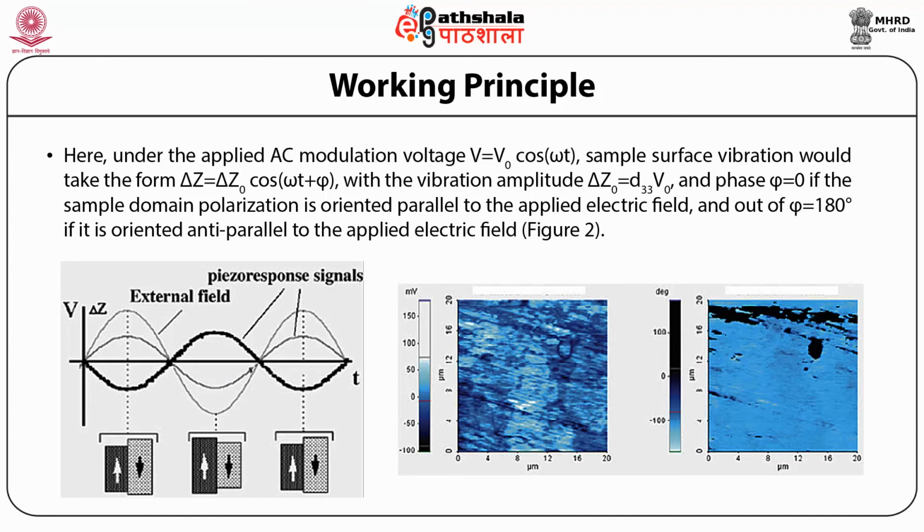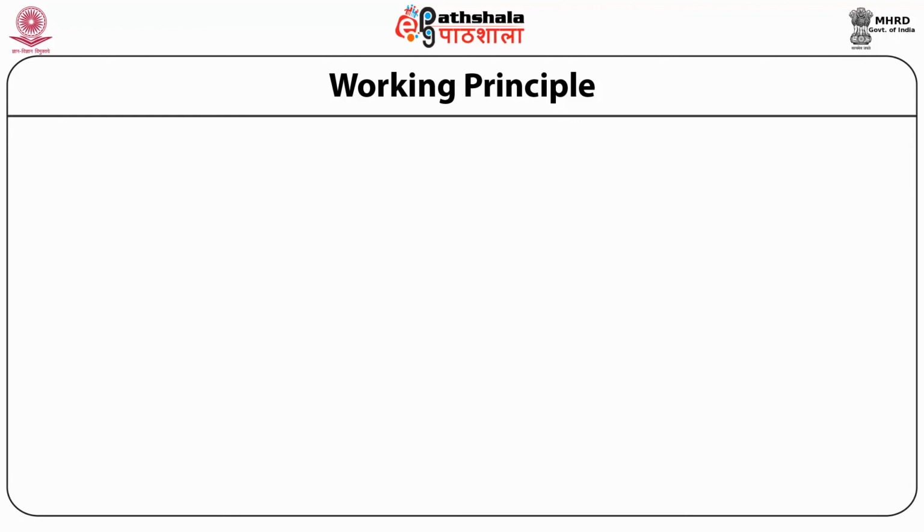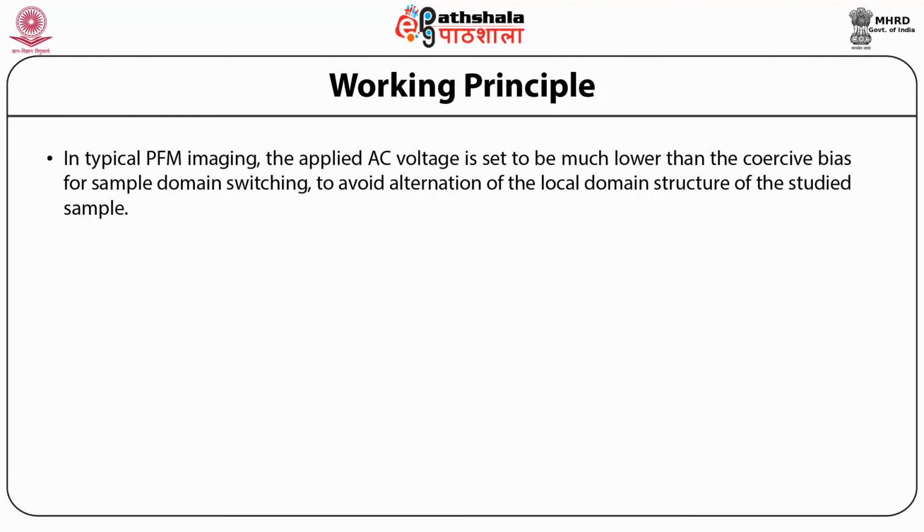Such oscillation would be directly reflected in the amplitude and the phase signal of the AFM probe contacting the surface and can be read using a lock-in amplifier. In a typical PFM imaging, the applied AC voltage is set much lower than the coercive bias for sample domain switching, to avoid alteration of the local domain structure of the studied sample.